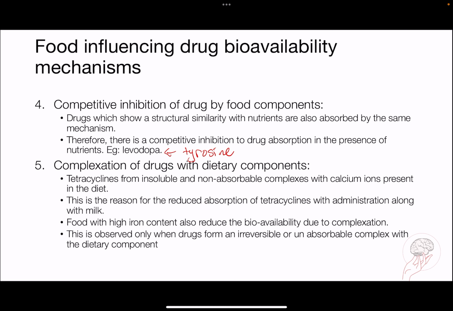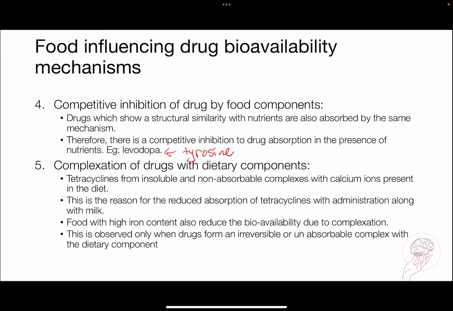And then there can be complexation of drugs with dietary components. Tetracyclines can form insoluble, non-absorbable complexes with calcium ions when they're present.